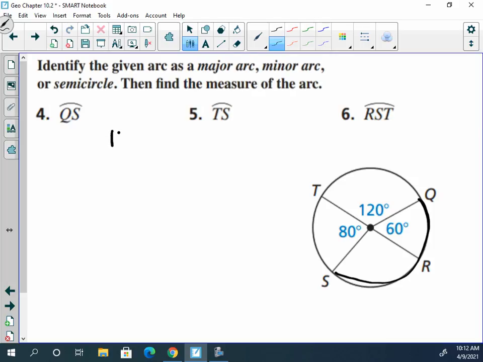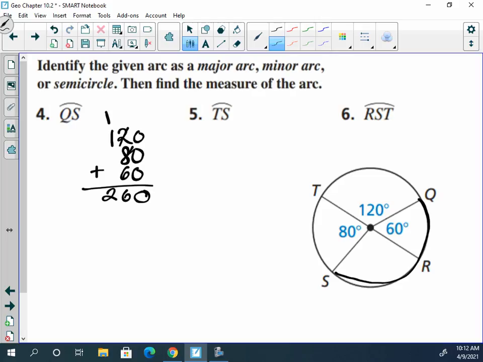Yes. So what we could do first is we can take 120, 80, and 60 and add these together. Well, that's 0. 8 and 2 is 10, which leaves me with 6, so I get 260. So STR or SQR is 260, yes?